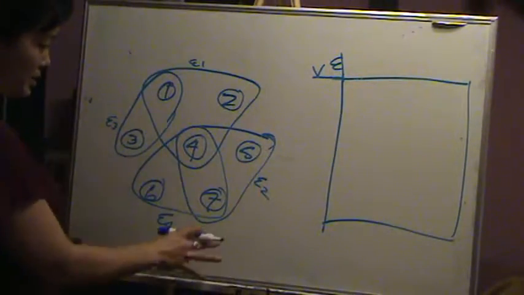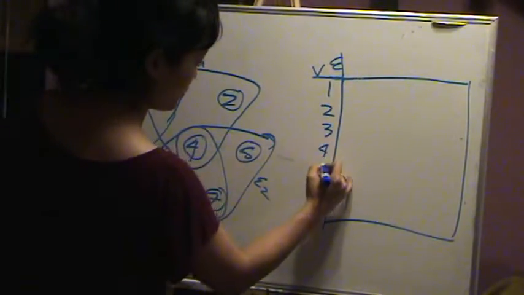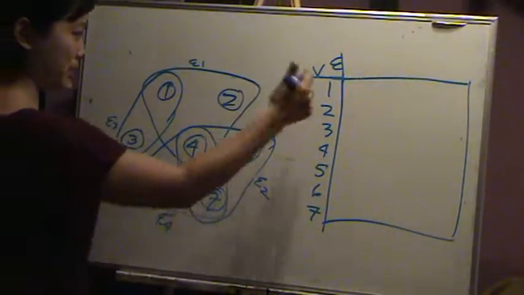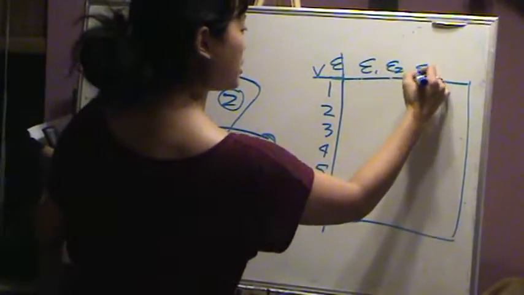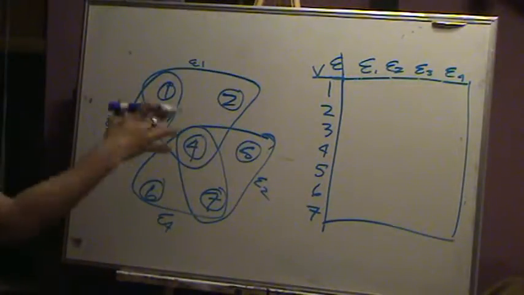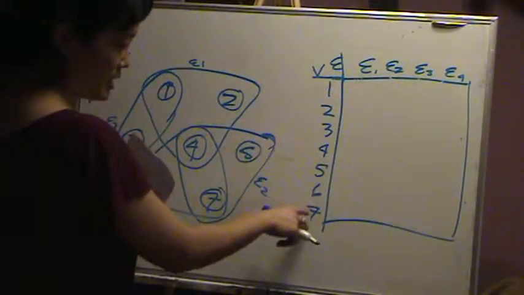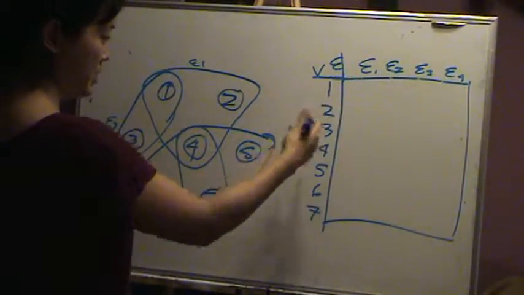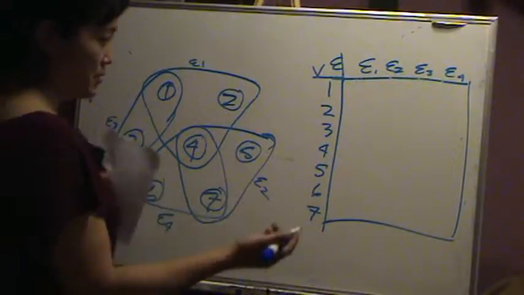And so in this hypergraph we've got vertices 1, 2, 3, 4, 5, 6, 7, and we have edges E1, E2, E3, and E4. Alright, so what is each entry? Well, if an edge includes the vertex as a member in its set, then you'll have a 1. And if it doesn't, then a 0.